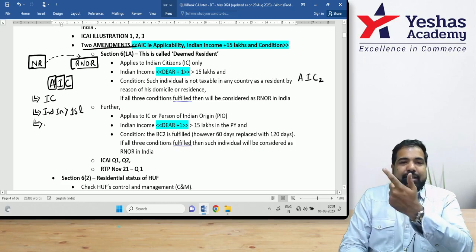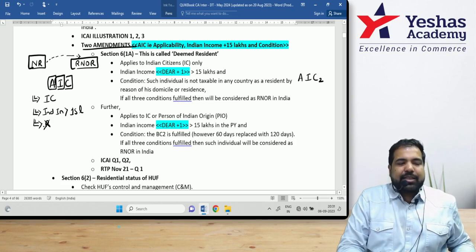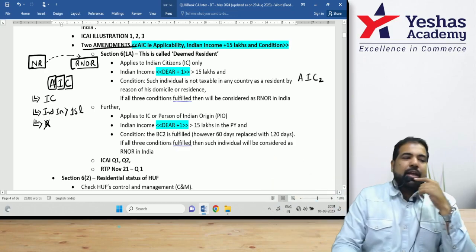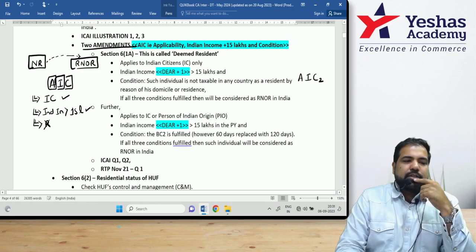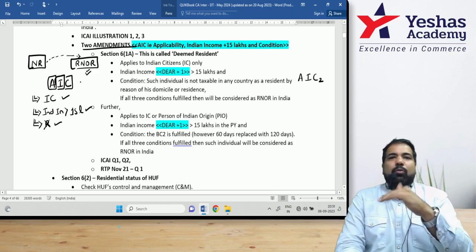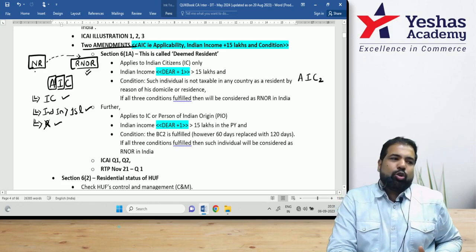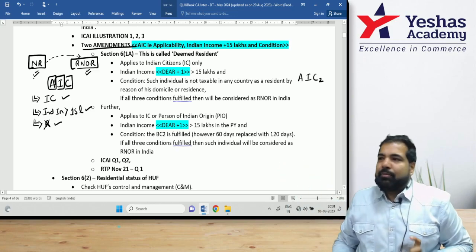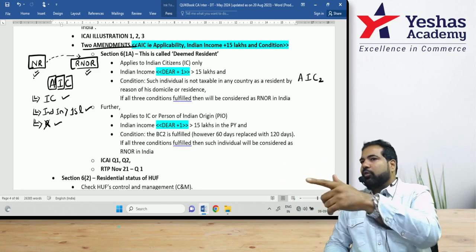The condition, excellent, you should not be taxed as a resident anywhere in the world, guys. You should be taxed, but not as a resident. Then, guys, if all three conditions are fulfilled, what do you become, guys? RNOR. But what if one of them is not fulfilled? Then you go back and you still stay as what? NR. Pro tip, guys, don't use this amendment unless the Indian income is more than 15 lakhs.